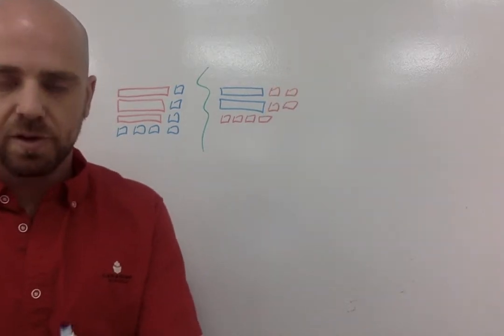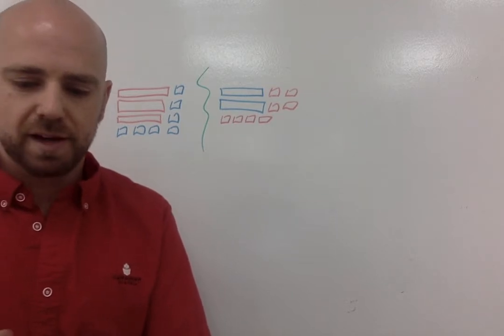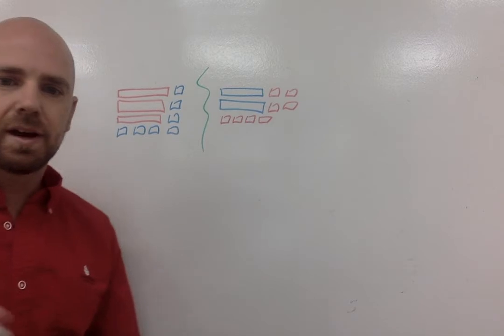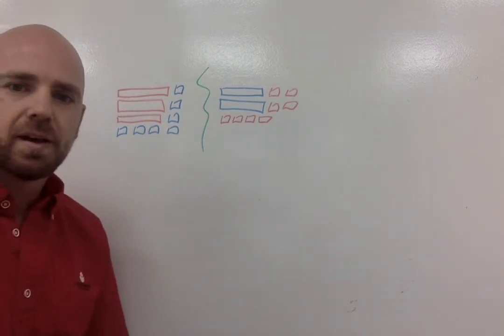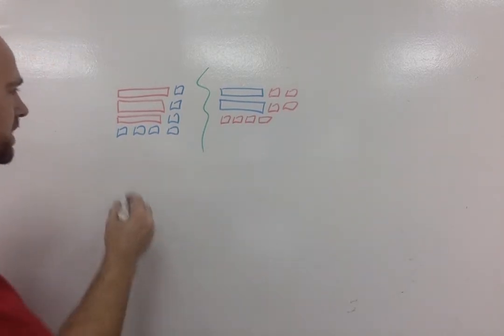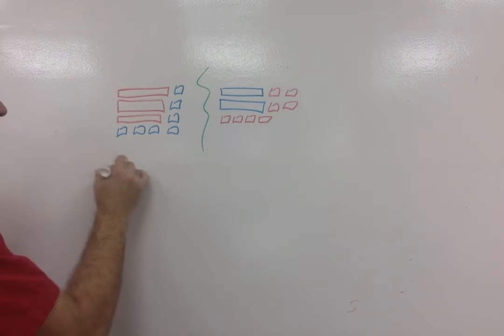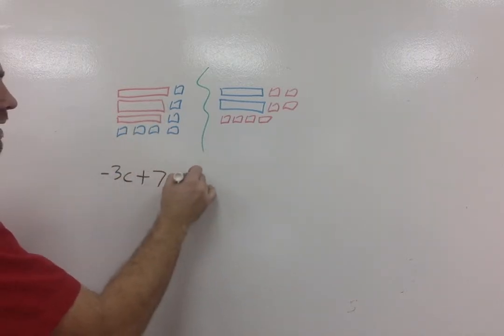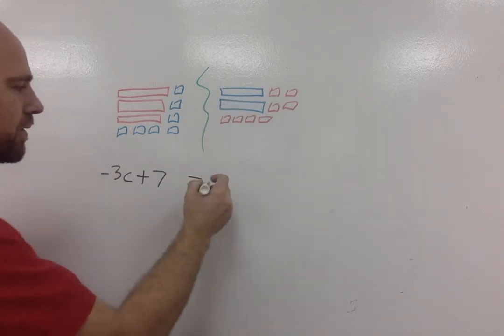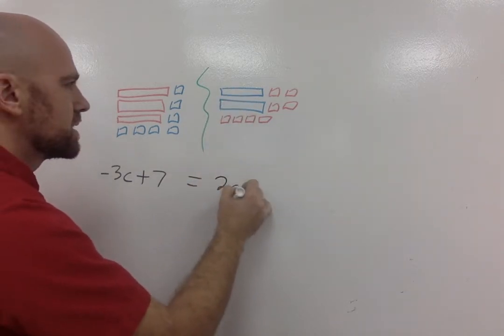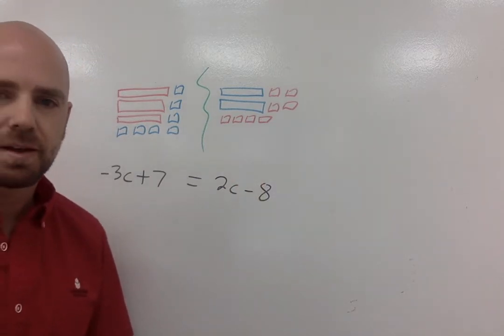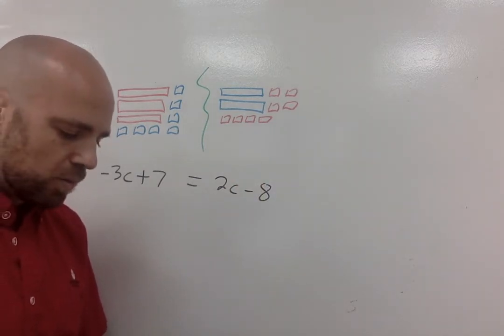Okay, so let's look at what this actually looks like. So what would my equation be? My equation in this situation is going to be negative 3c plus 7 equals, here we've got 2c minus 8. Okay, so what can I do?